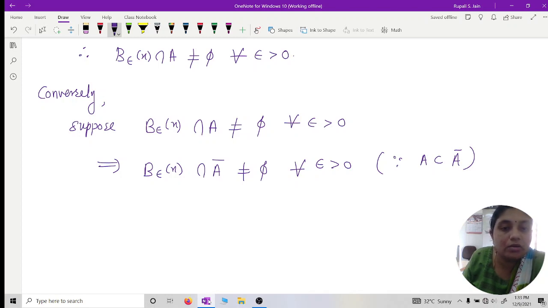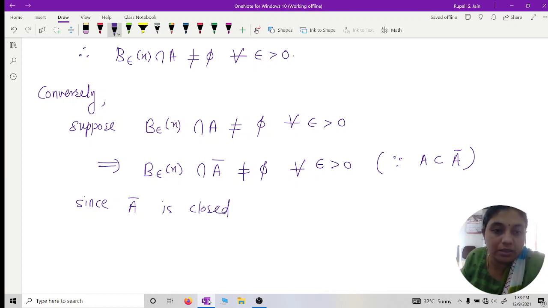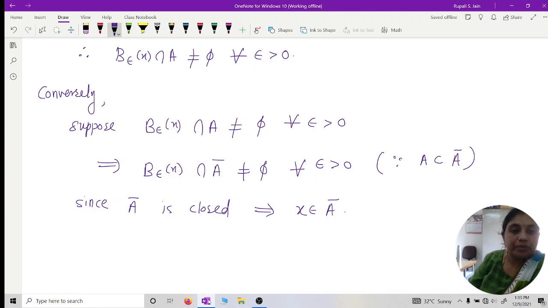Since A closure is a closed set, and we already proved the three equivalent statements, from that we can say that X must belong to A closure, from the theorem we have already proved. Okay. This is what we wanted to prove.